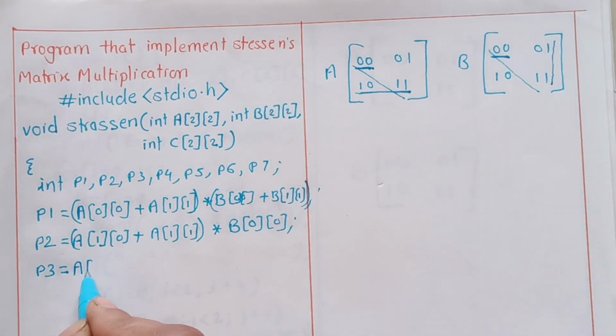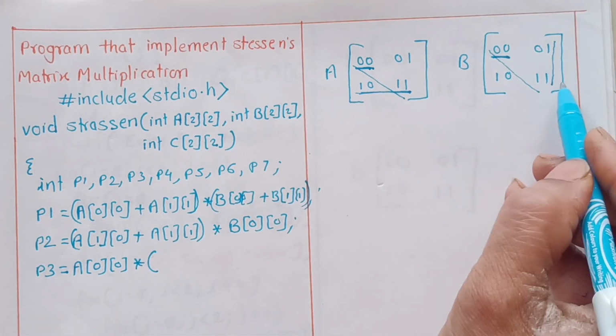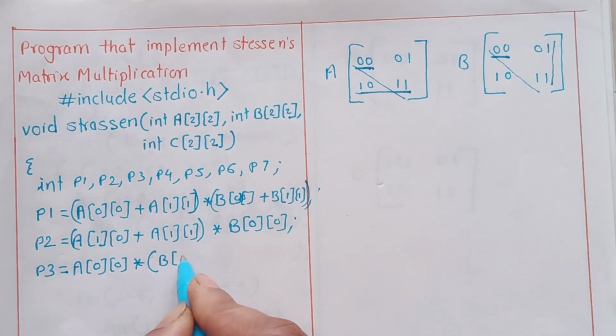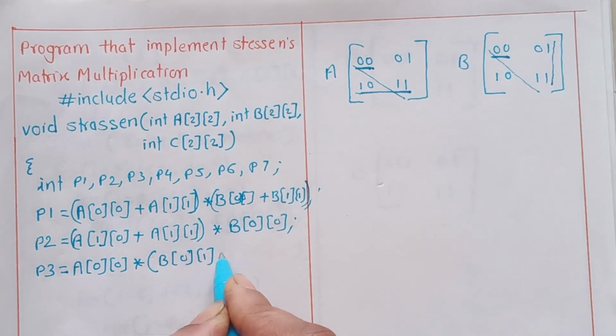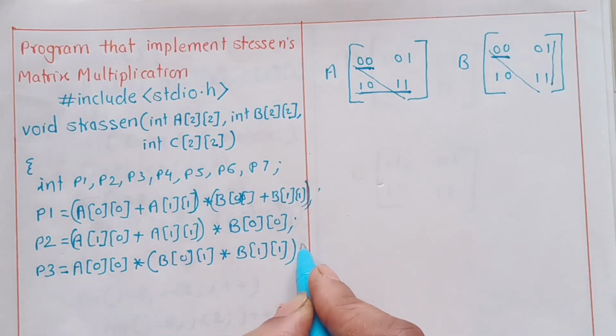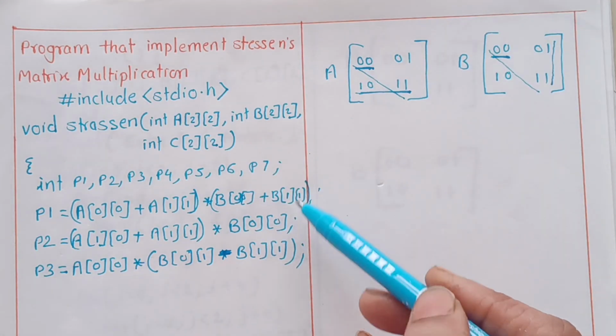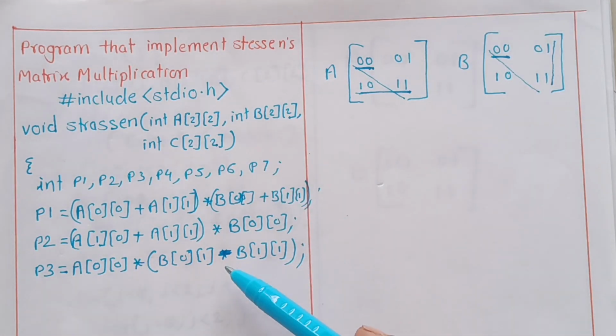The first element of the first matrix into what, the right column, that is B of 0 1 minus B of 1 1. So here you have to put minus. Okay, in the third and fourth, a minus sign will come. Okay, in the first two there is no minus sign, but in the third and fourth you will get a minus sign.